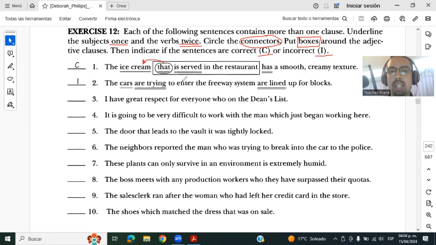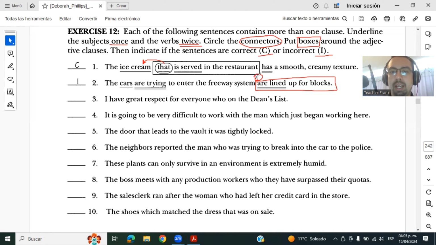The cars are trying to enter the freeway system are lined up for blocks. Okay, so we have are trying, which is my verb. Who or what are trying? The cars. So according to this, this is probably going to be an adjective clause, but for an object, right? Okay, so the cars are trying to enter the freeway system. This is going to be incorrect because we're missing a connector subject, right?